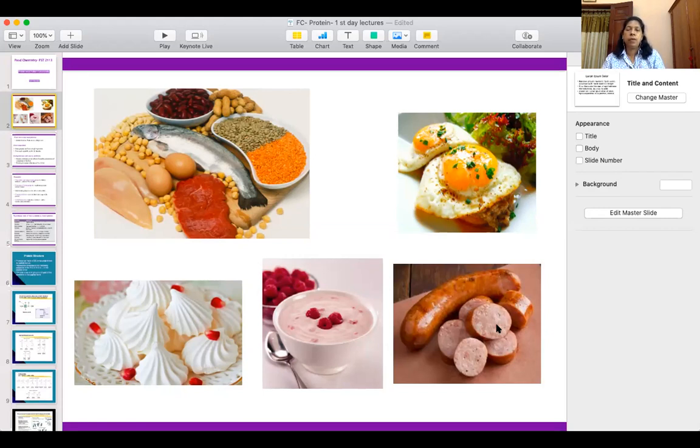In the next one, yogurt, what you do is reduce the pH, right? You reduce the pH and thereby coagulate or denature the protein, and it comes with a nice flavor, texture and aroma, right?